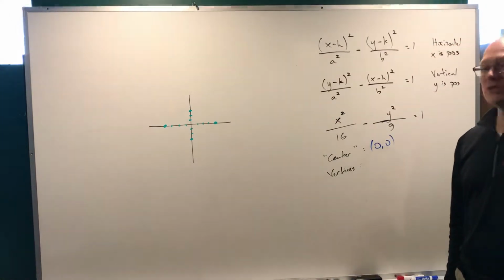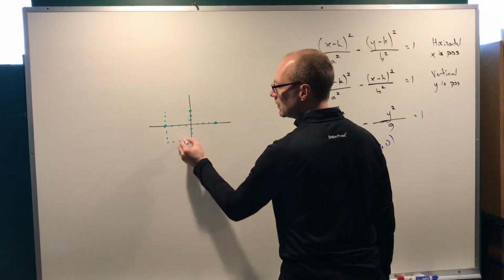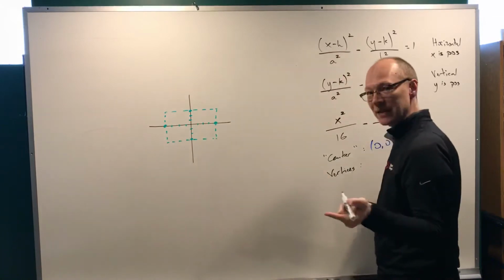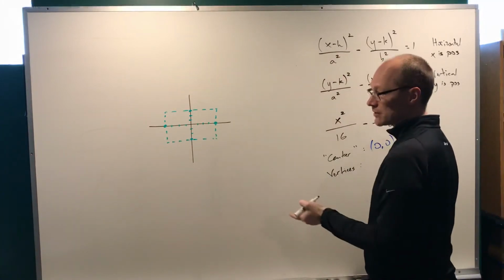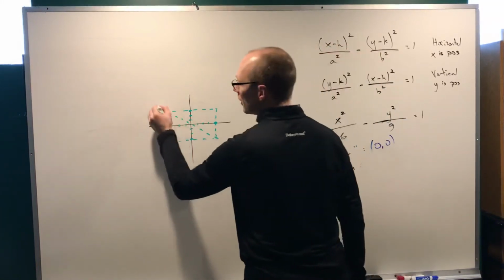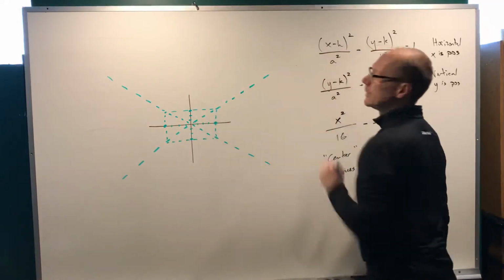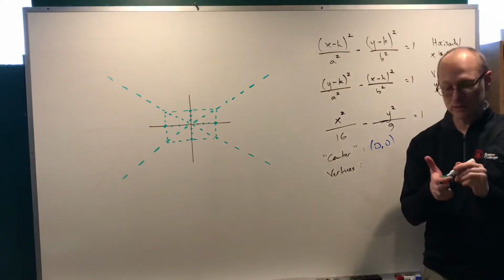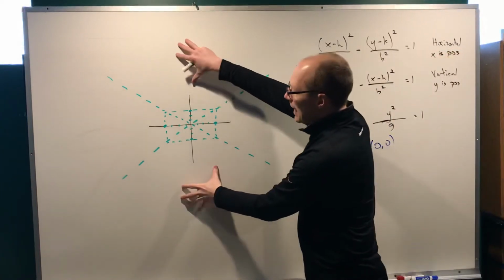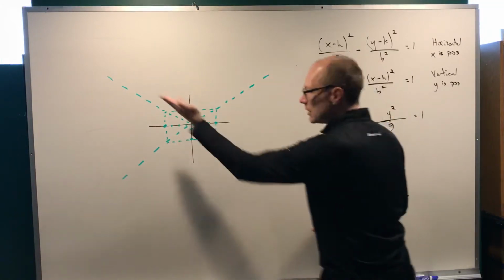Now what I'm going to do is make a rectangle for this. And then I'm going to draw the diagonals in, extending them way far out. So now I've got 4 different locations for hyperbola sections, either here and here, or here and here.